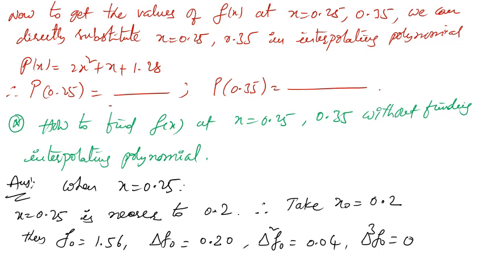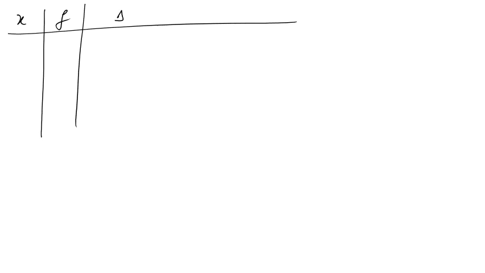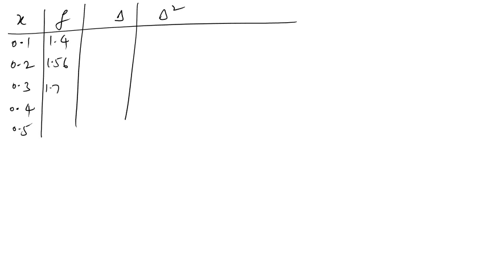Let us see these values again. Let me draw the table. X versus f, del and del square. What is the x value? 0.1, 0.2, 0.3, 0.4, 0.5, and function values 1.4, 1.56, 1.76 to 2.28.